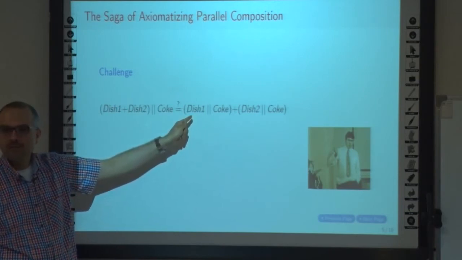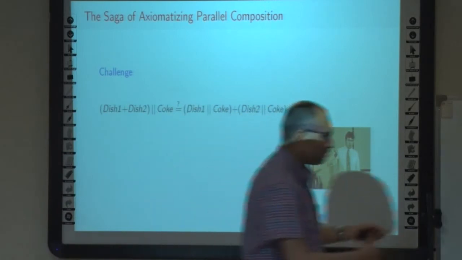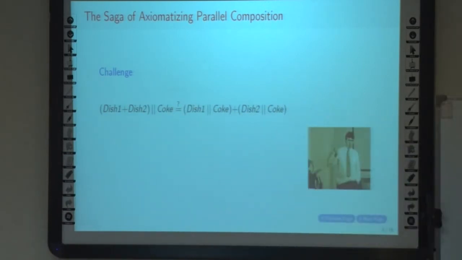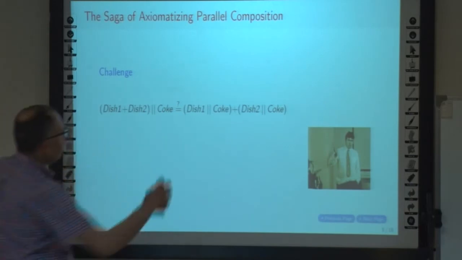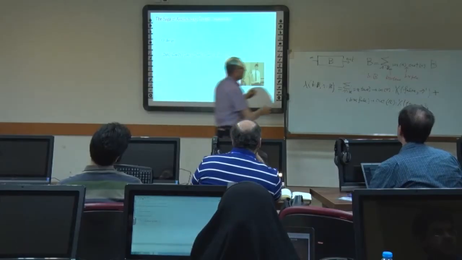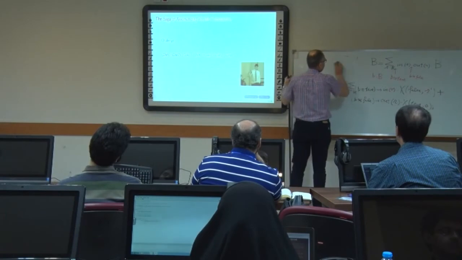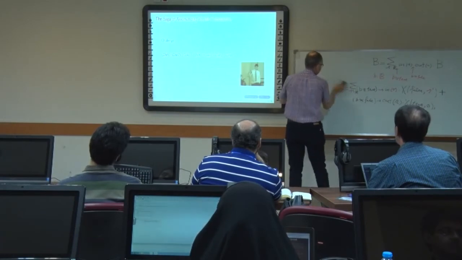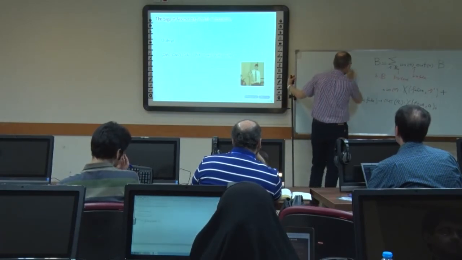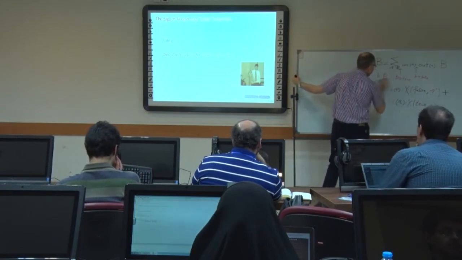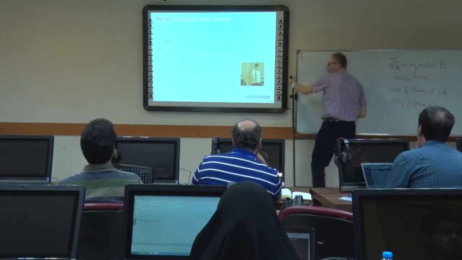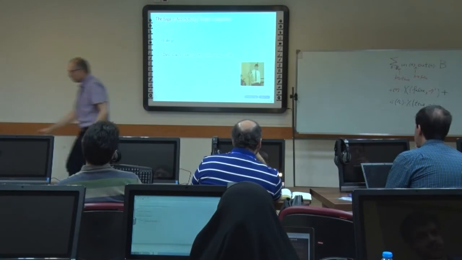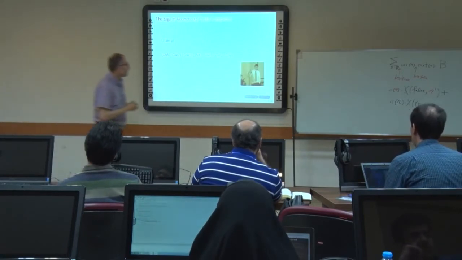Is this clear? So basically, the state space of this one, I can draw it to make it clearer. The state space of your right-hand side looks like this.